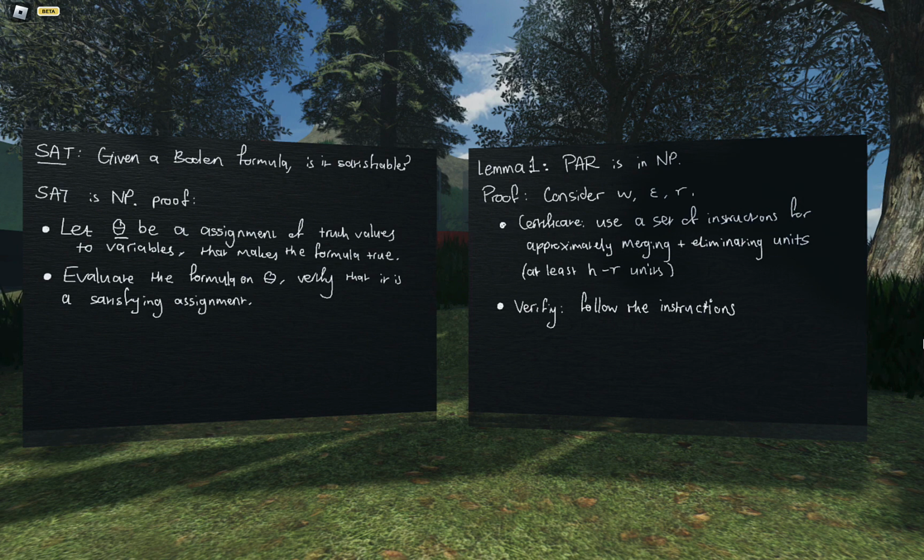That algorithm tells you merge this unit with this unit, and then eliminate this unit, and then merge these units, and then eliminate this unit. Each of those operations becomes a step in your instructions that you use for the certificate. So you can build the certificate based on the execution of the reduction algorithm that we studied back then. What if this nearby conspiracy parameter is already reduced?